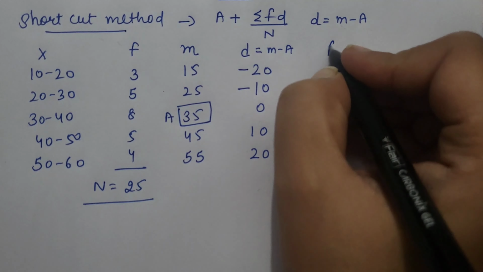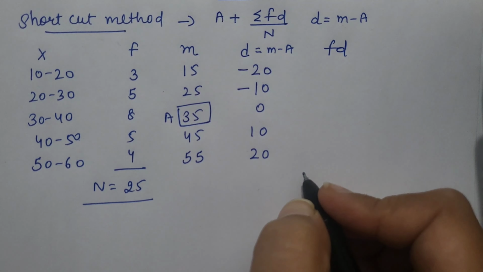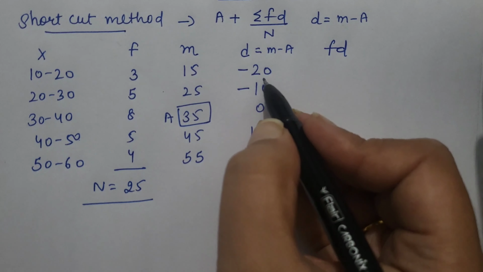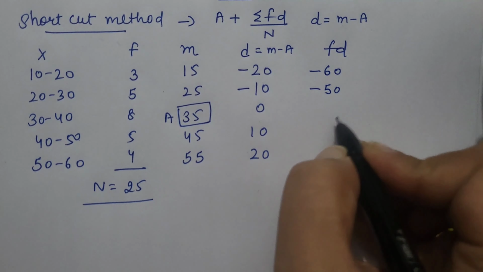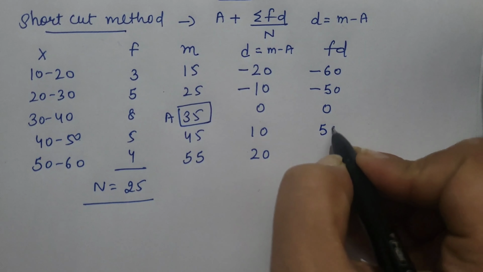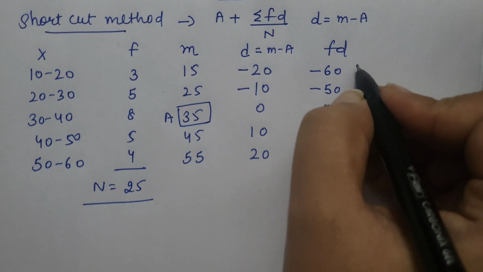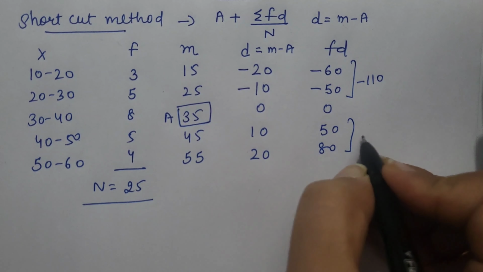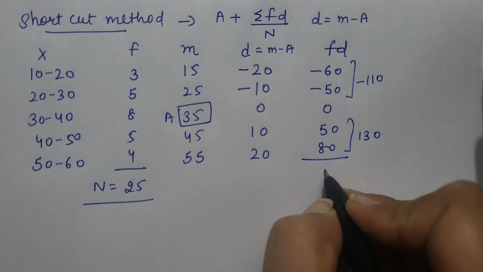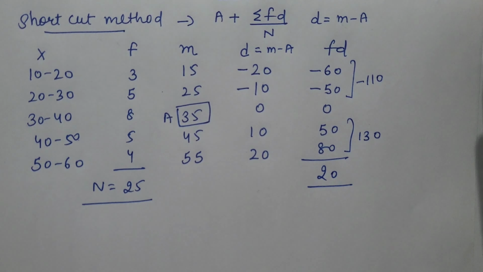After that I have to multiply deviations with the frequency. So minus 20 into 3 is minus 60, minus 50, 0, 50 and 80. This would be minus 110 and this would be 130. So the sum would be 20.